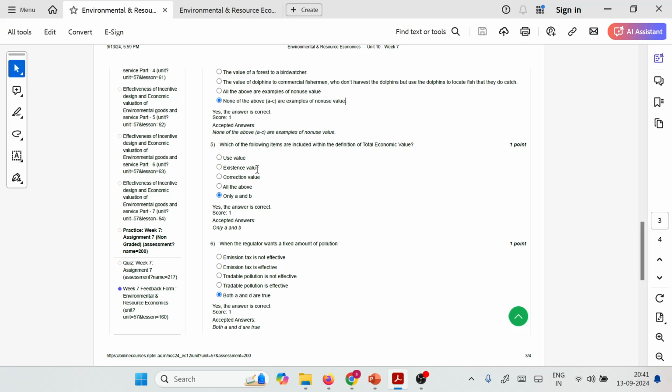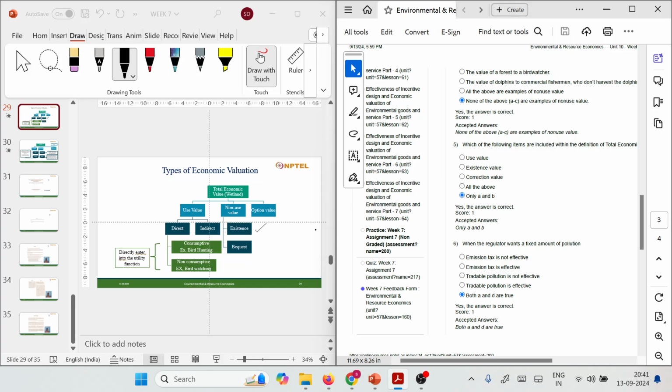In the fifth case, we are asked which of the following items are included in the definition of total economic value. Total economic value, we have seen here, is use, non-use, existence. However, there is no correct value, so only options A and B are correct.